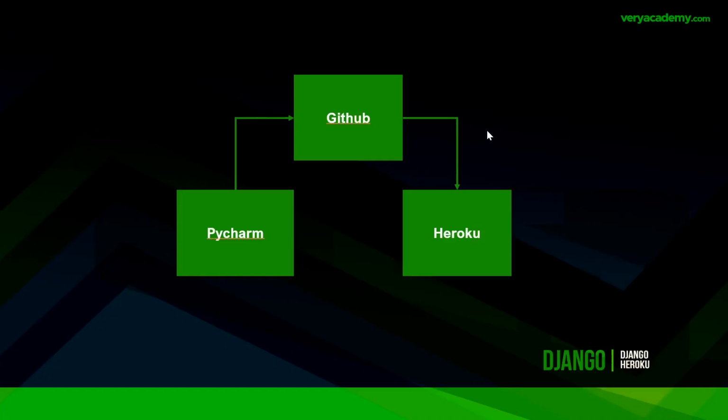So there were a few problems on the way, but we've got there in the end. So we set up a new Django app in PyCharm, and then we connected it to GitHub. I was trying to utilize the GUI in PyCharm as much as possible.